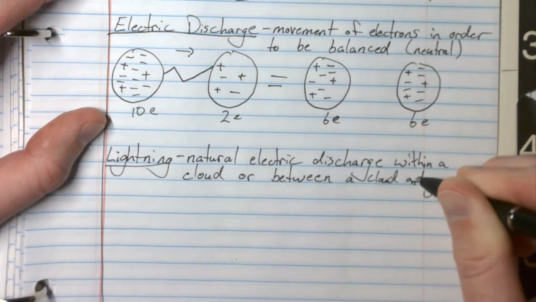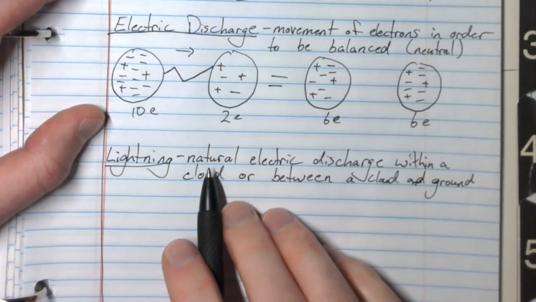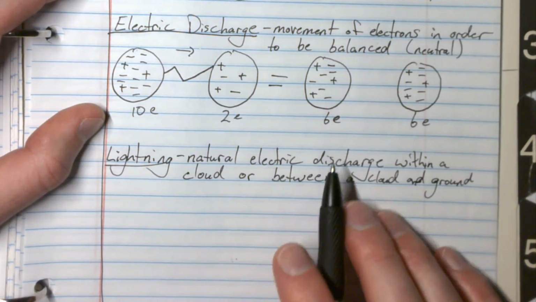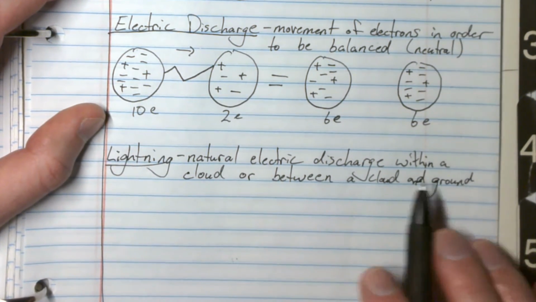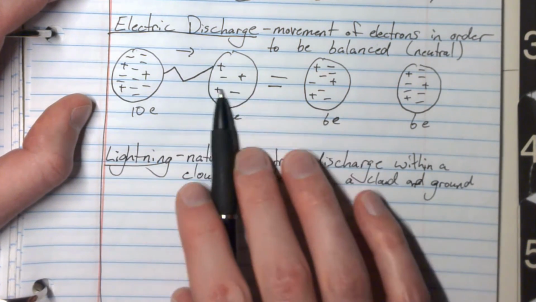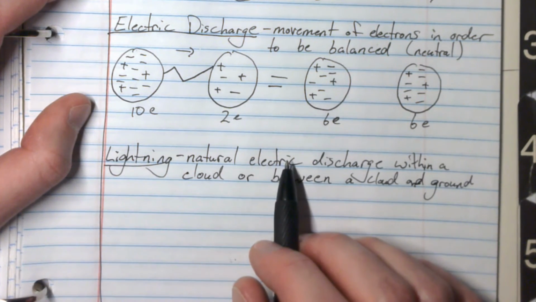So it can happen from cloud to cloud or even within a certain cloud, but it can also be from the cloud to the ground. It just depends on where this imbalance is and where the closest area that it can discharge those electrons to.